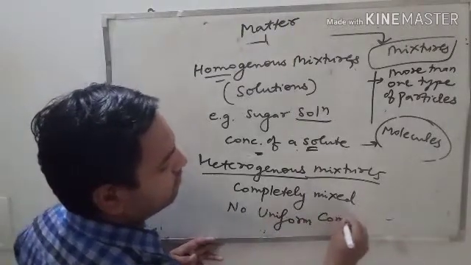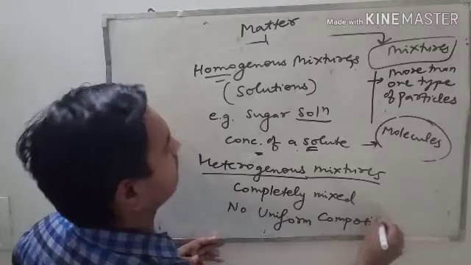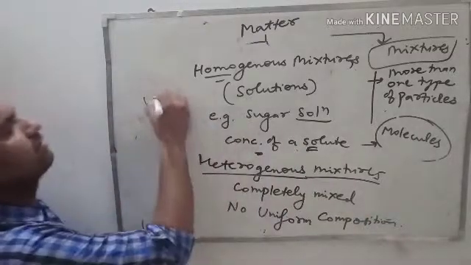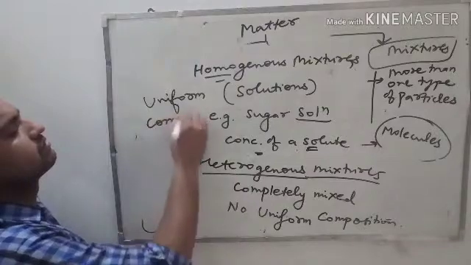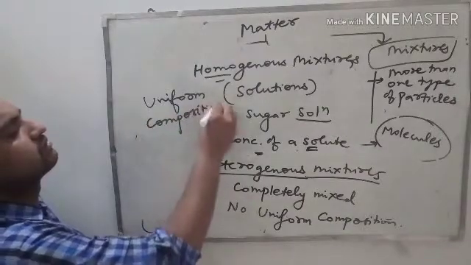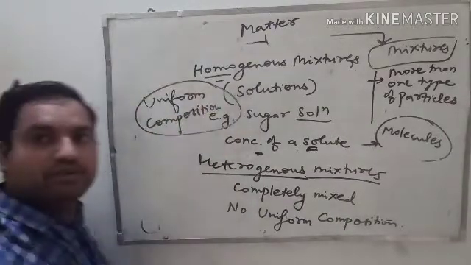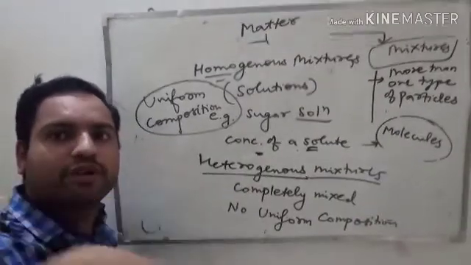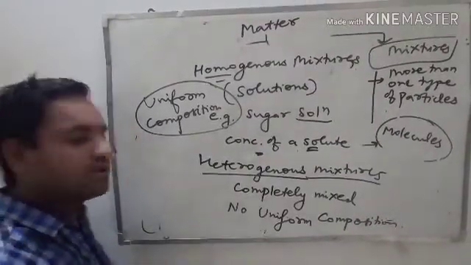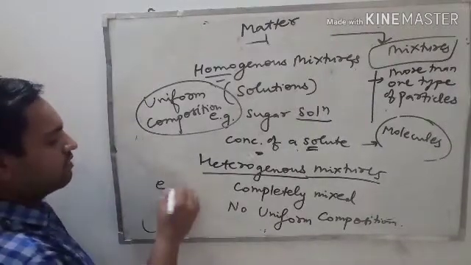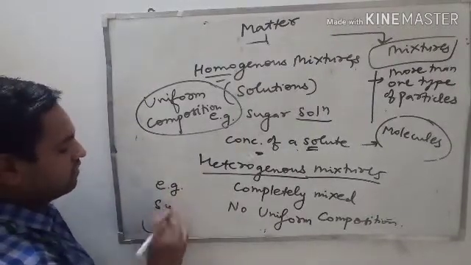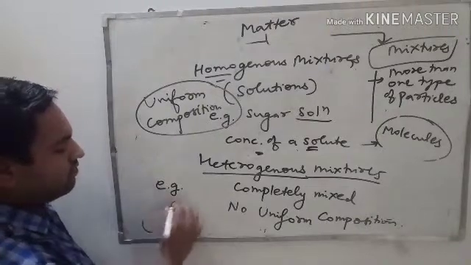In a homogeneous mixture, there is uniform composition, whereas in a heterogeneous mixture there is no uniform composition. Example, as you all know, chalk powder and water.